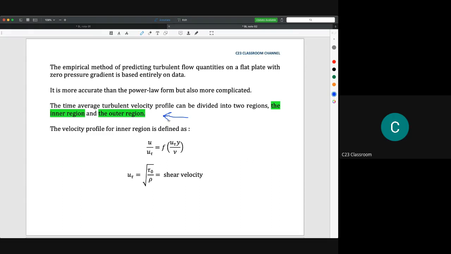Okay, you need to imagine that in the empirical method you will have a table like Blasius. So let's say this is our plate here, and this is our boundary layer. That means we have a y-axis here, so we could plot all the velocity inside this boundary layer.